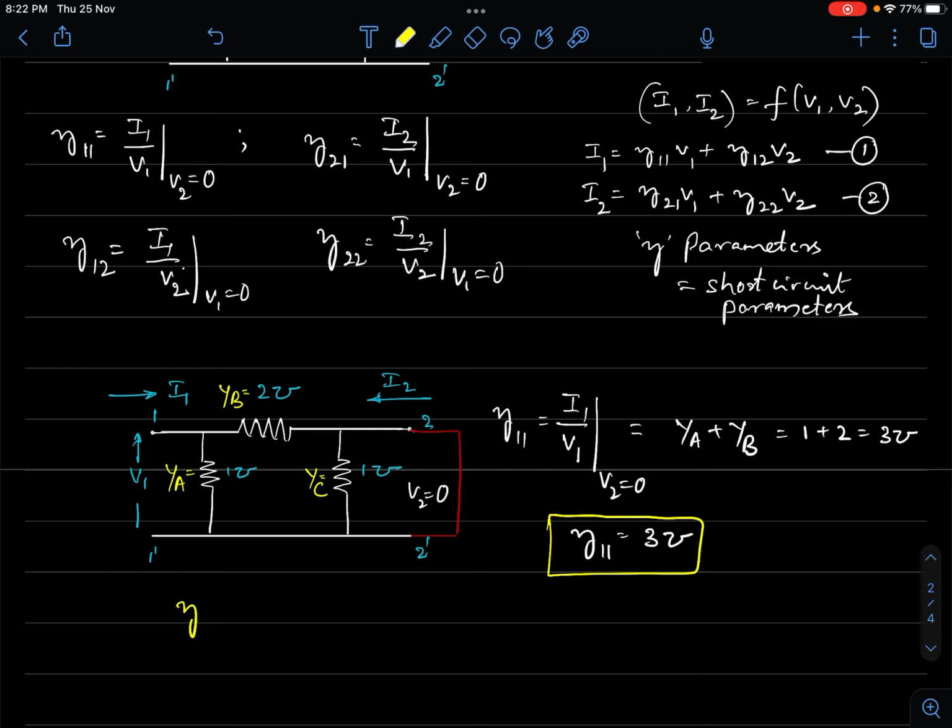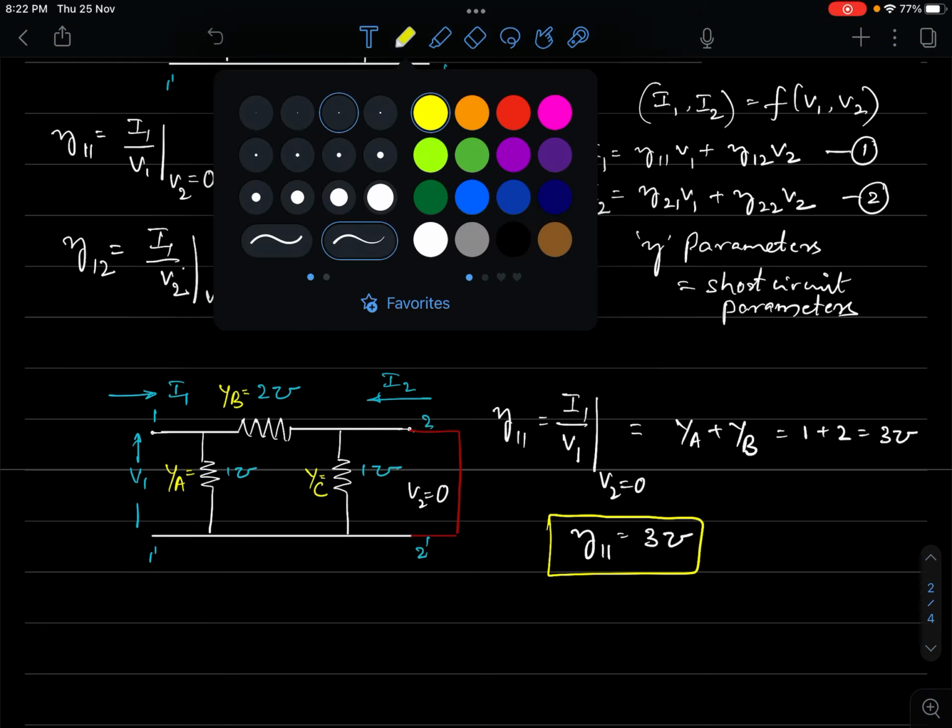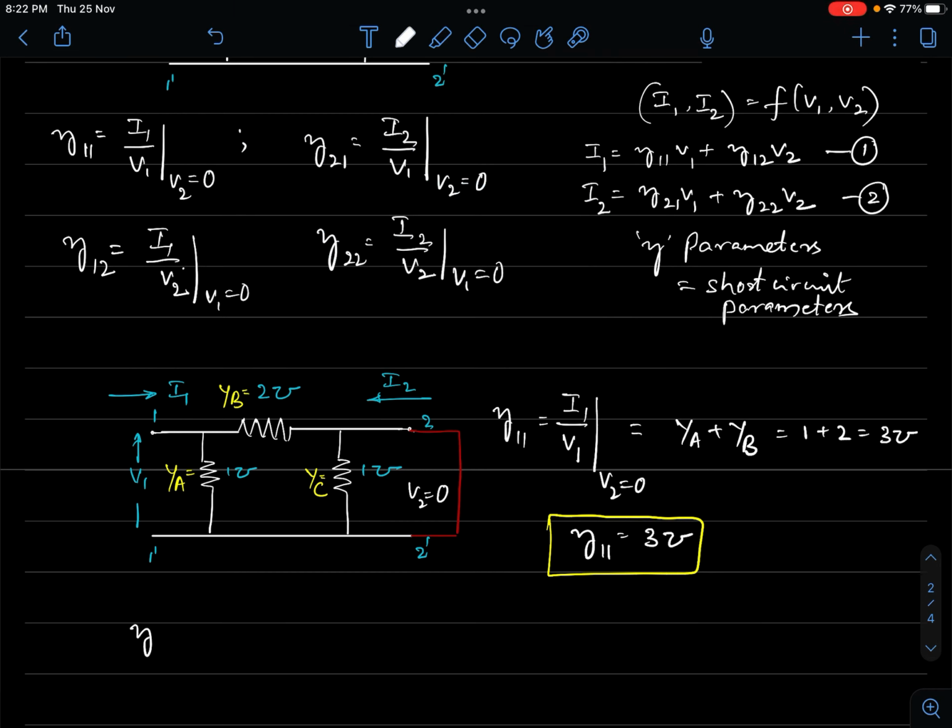What is y21? So y21, I'll pick up my white color. y21 is essentially given by I2 to V1, right? So it is I2 to V1. This is something we know. But what is I2 in the present situation? What is the current?